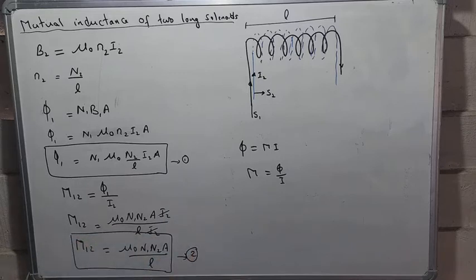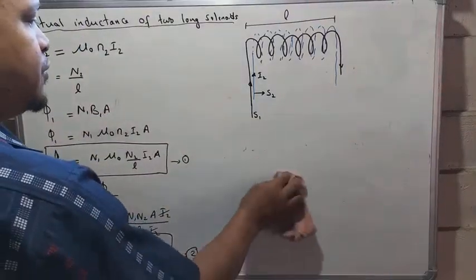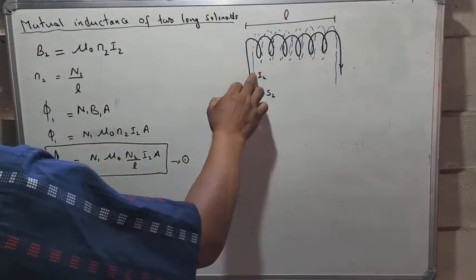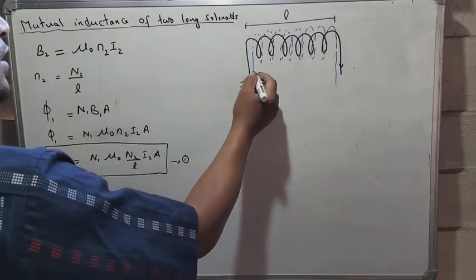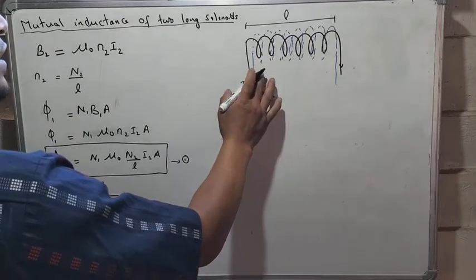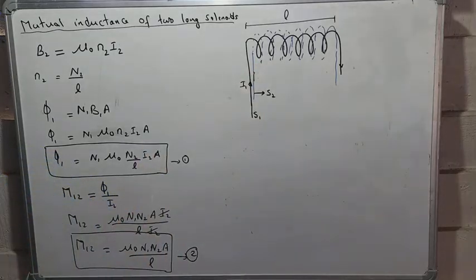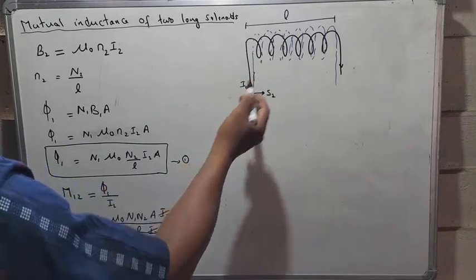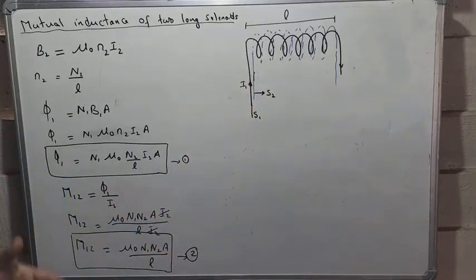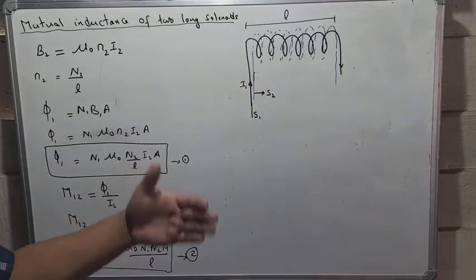In a similar way, imagine that a current I1 is passing through the first solenoid, but the current I2 in the second solenoid, let's say, is 0. When you allow a current I1 to pass through the first solenoid, this current I1 will set up a magnetic field inside the solenoid.